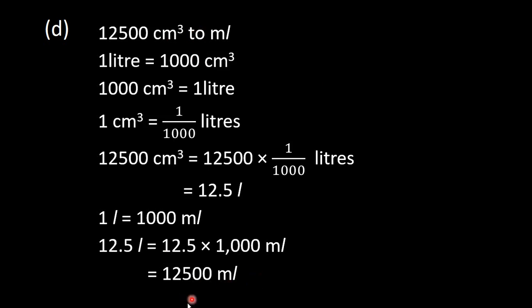So we can clearly see from this that 1 cubic centimeter is equivalent to 1 milliliter. And that's why 12,500 cubic centimeters is equivalent to 12,500 milliliters.